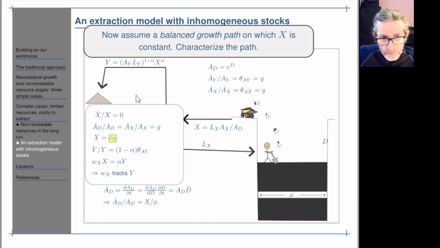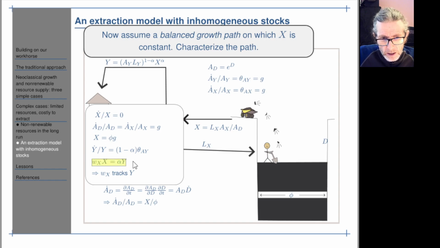And if x is constant, we can very quickly look here and do first order conditions and so on and show that y dot over y is (1 minus alpha) times the growth in A_y. L_y is constant, x is constant.